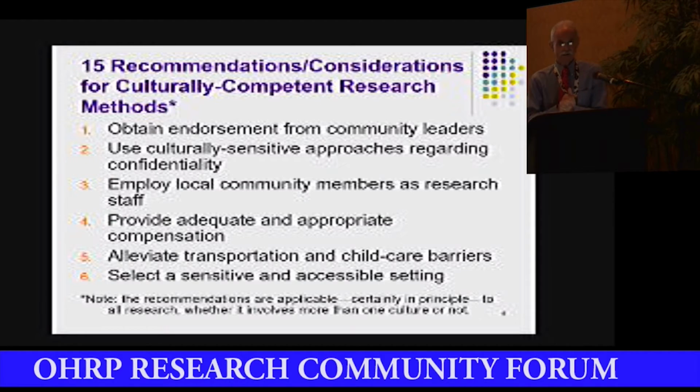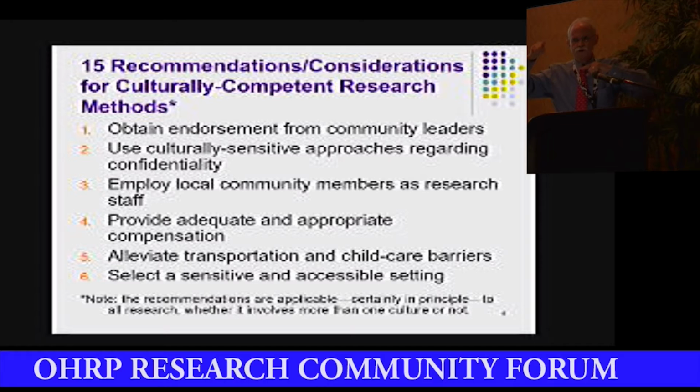I'm from the school of, please give me something practical. Give me something to think about. So in preparing, I said, okay, 15 recommendations, considerations. There's no magic in the number 15. It was late, and I got to 15, and I said, that sounds like a lot. 15 recommendations or considerations for culturally competent research methods. There are a few slides.